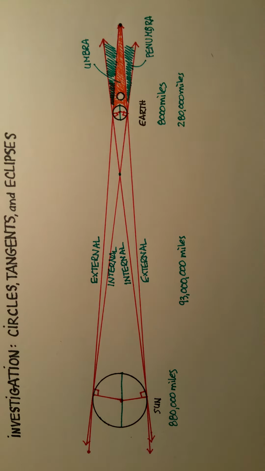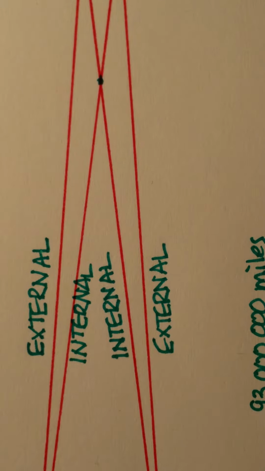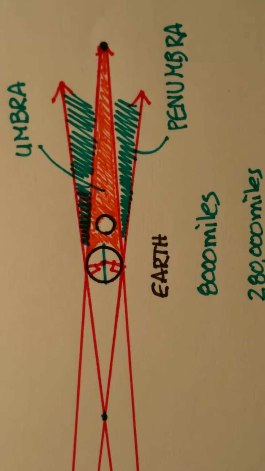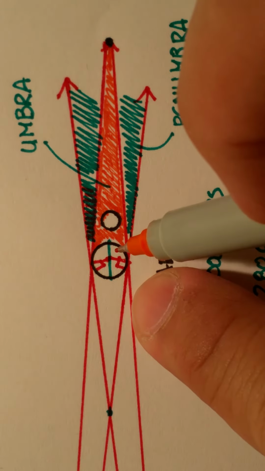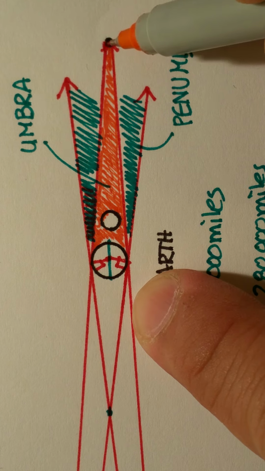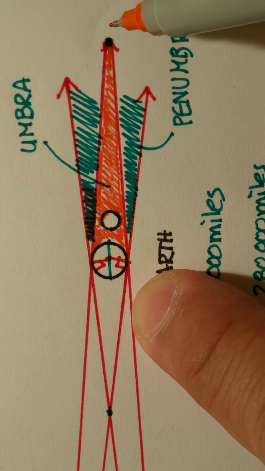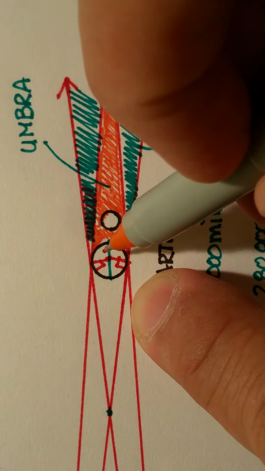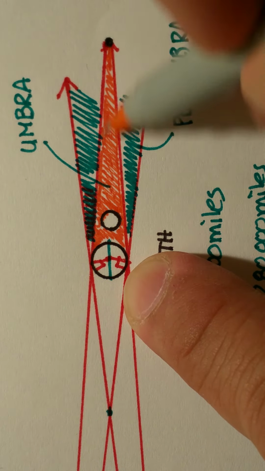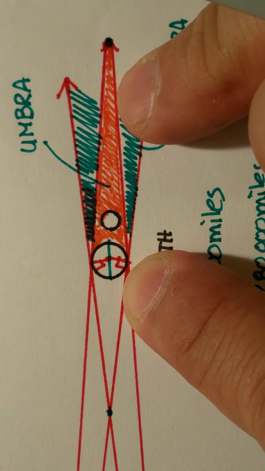Let me make this a little bit bigger here. There we go. Can you estimate the distance between the center of the Earth and the tip of this triangular umbra area? Also, can you calculate the area of that triangular shape that is the umbra?